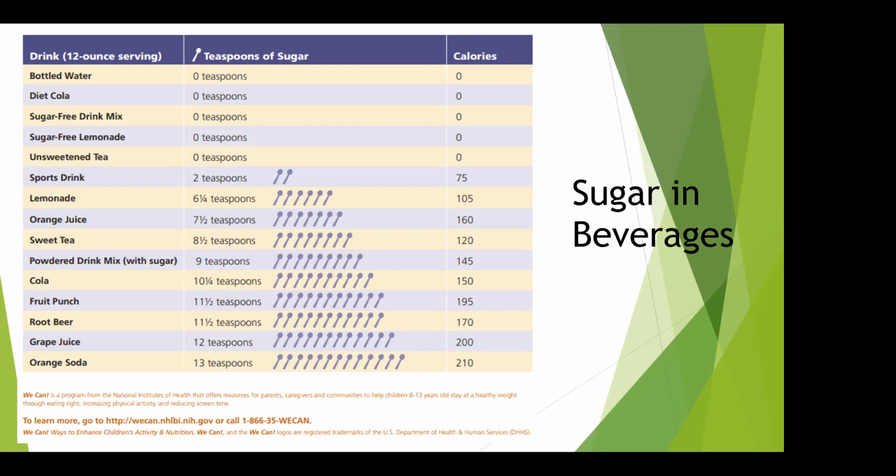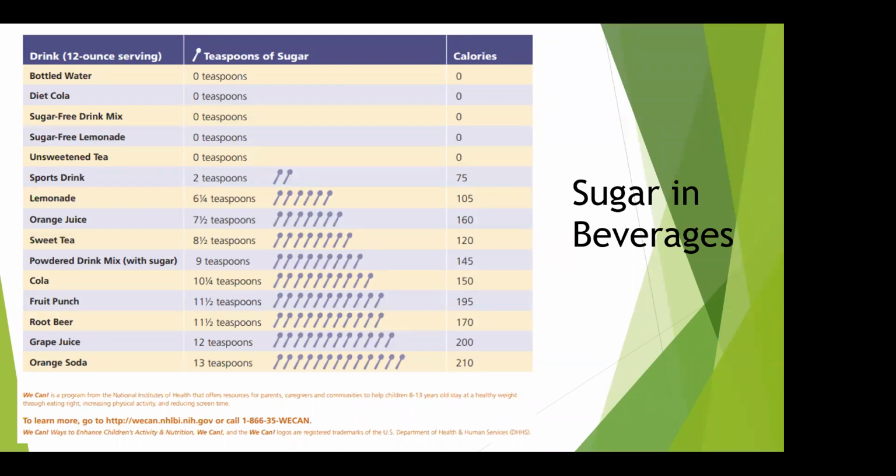But lots of beverages up there, as you can see, things like water, unsweetened tea, diet soft drinks. Those are all typically 0 teaspoons of sugar and also low calorie or no calorie.